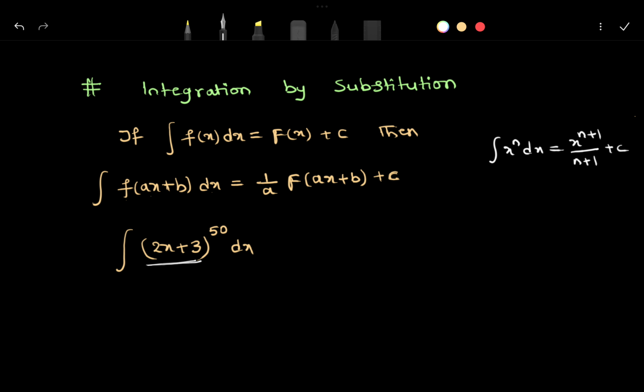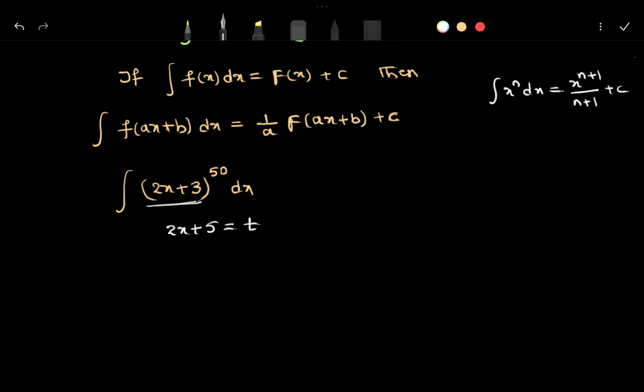So you have to take 2x plus 3 as t. This is the substitution. Now after that, what is the dx value? You differentiate with respect to t on both sides.